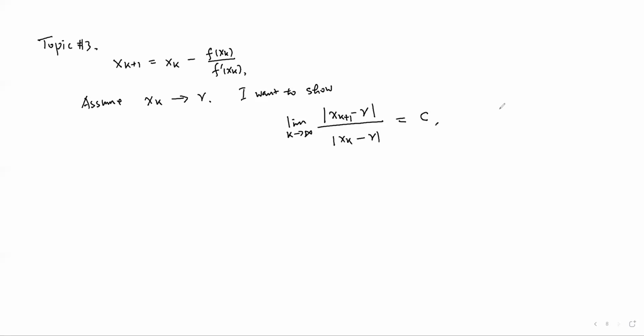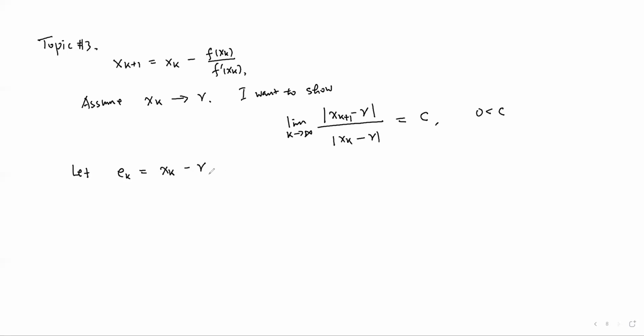This number is a non-zero number, of course greater than 0, not necessary to be less than 1. I want to solve this limit. First, let e_k, e means error, be the distance of x_k from R. Not the distance, because distance has absolute value, but there is no absolute value here.